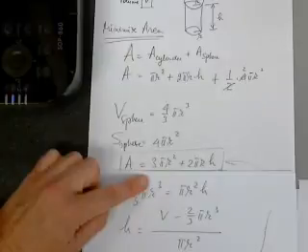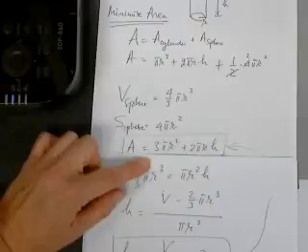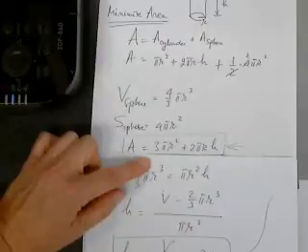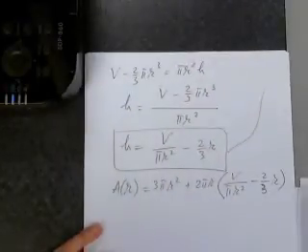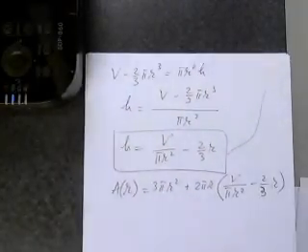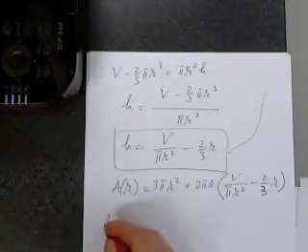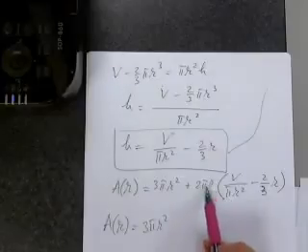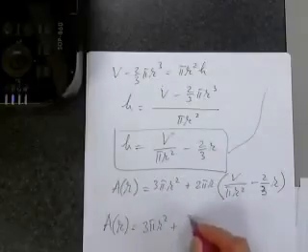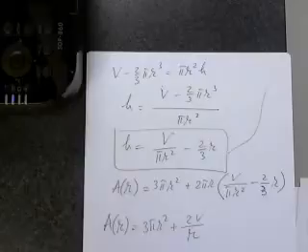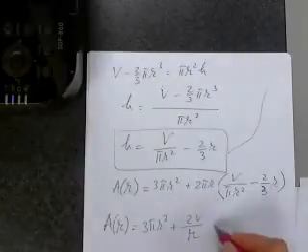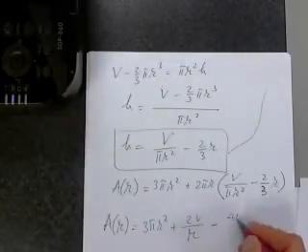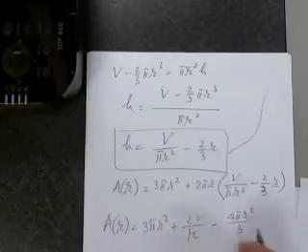A equals 3 pi R squared plus 2 pi R multiplied by V over pi R squared minus 2/3 R. So therefore, I will distribute 2 pi R and see what happens. So a function of R is 3 pi R squared, pi and R will go away, so plus 2V over R. And then I distribute here, and I get minus 4 pi R squared over 3.